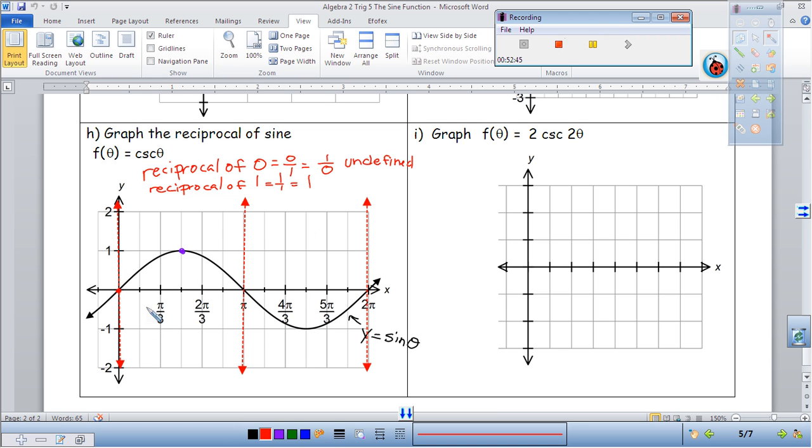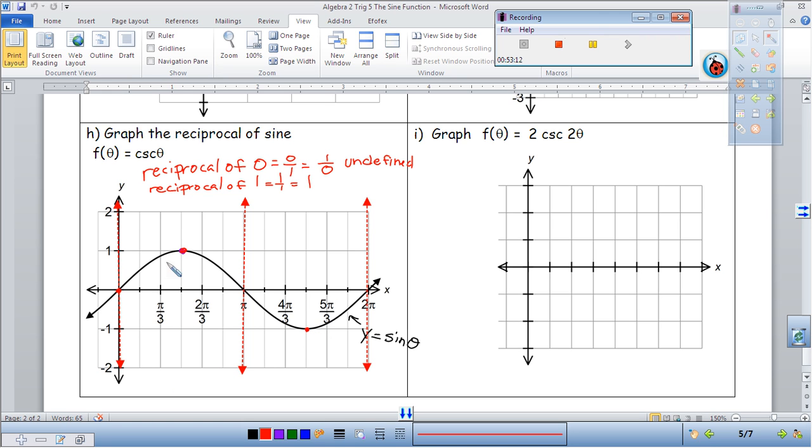You flip it upside down and have 1 divided by 1 again is 1. Okay, so this is a point. Okay, this is at negative 1. What's the reciprocal of negative 1? What is it, class? Negative 1. Because the reciprocal is 1 over negative 1. And 1 divided by negative 1 is negative 1. Okay, so these are my 2 points.